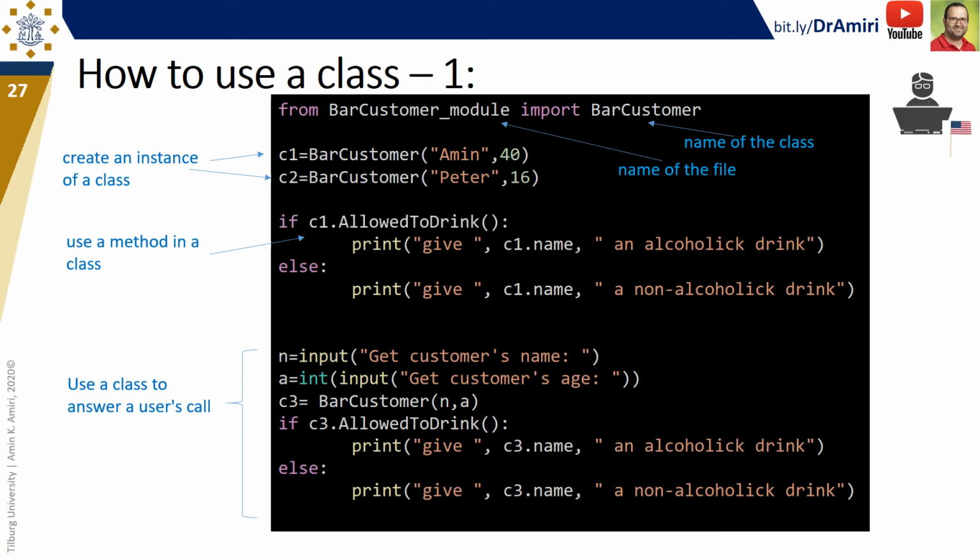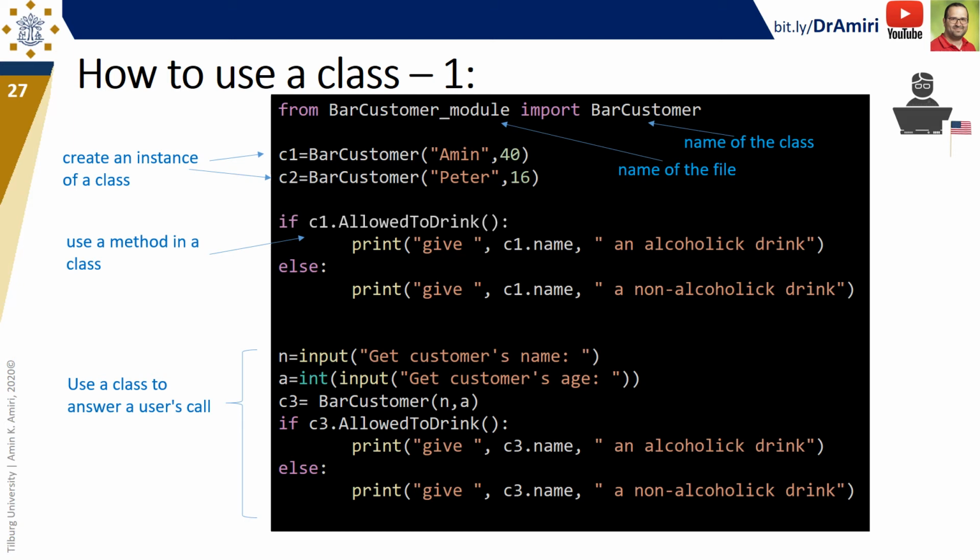And then the American uses these two values to create a new instance of customer, which is C3. So in this case, for C3.allowed_to_drink, the age given by the user is checked against 18 to check whether an alcoholic drink or a non-alcoholic drink should be served.